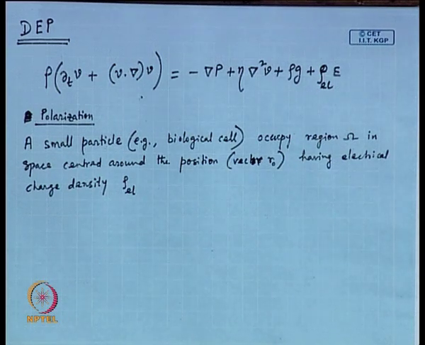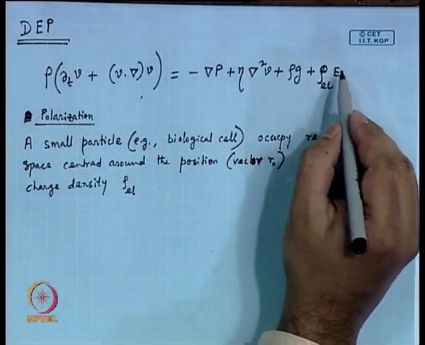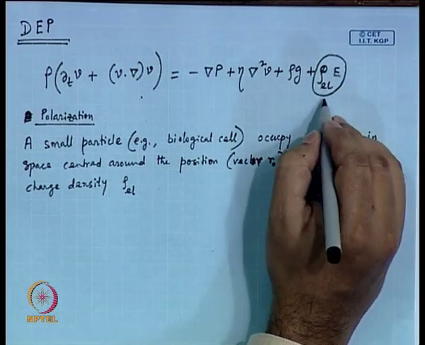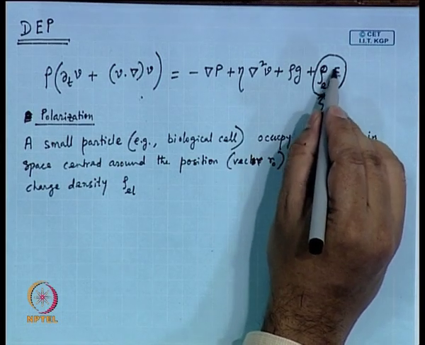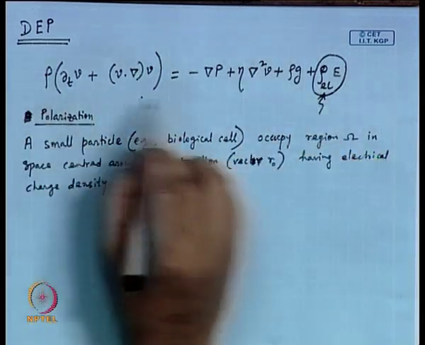Okay. So, in that case you have this as the body force term you have considered before, where this rho EL and electric field E, their product, is acting as a body force term in the Navier-Stokes equation.